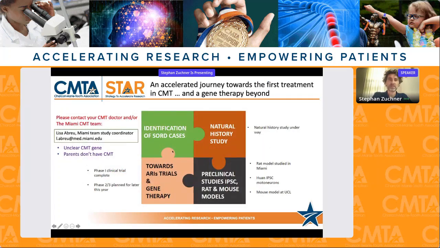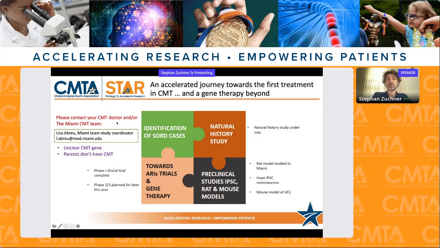Just to round this up, of course, this is further developing. Here are some key things we're working on right now. One is we are trying to identify more SORD cases. I'm sure you have seen the emails from CMTA. If you have an unclear CMT gene, so you don't know your gene, and your parents never had CMT, you may have the SORD gene, and we would be very happy to check on that.